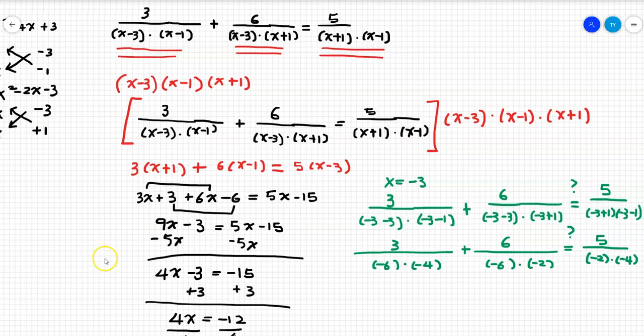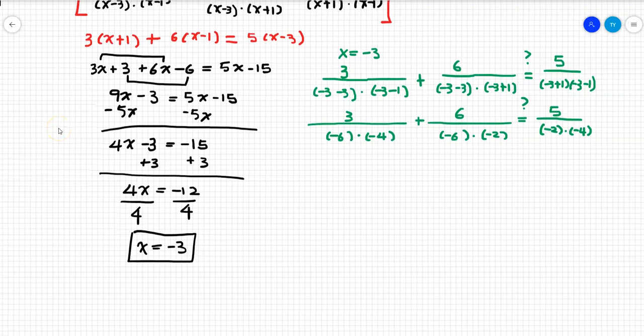Okay, so we're just going to have to find the factors. So the first term is going to be 3 over positive 24, plus 6 over, minus 6 times minus 2, we get positive 12. Is this going to be equal to 5 over 8? So I'm going to combine these two by multiplying the second term by 2 here.